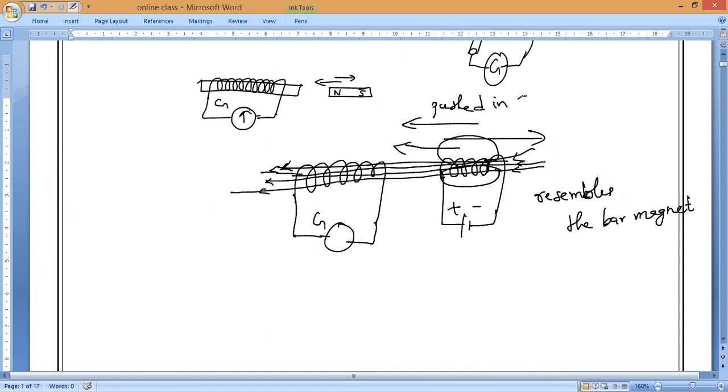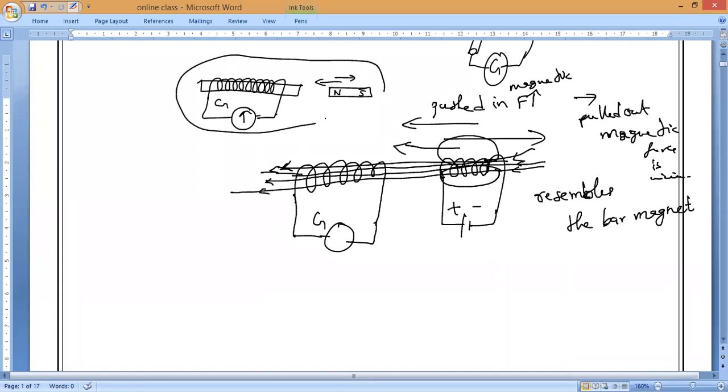Pushed in, force is maximum. Which force? Magnetic force. And if it is pulled out, then the force is minimum.